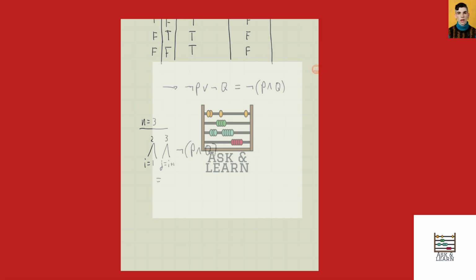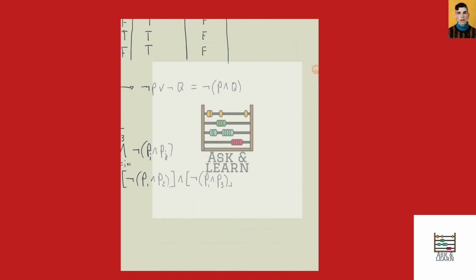Sorry, it should be Pi and Pj here. That would give us the statement not (P1 and P2) and not (P1 and P3) and not (P2 and P3).